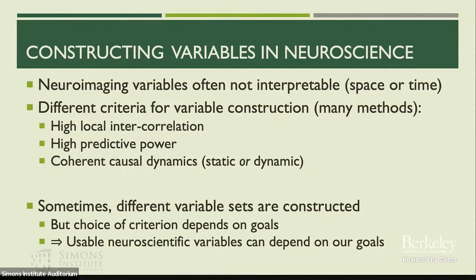I'm trying to build my causal model, Zach's trying to build his predictive model, and we each build models that are interpretable within those goals, and those models are incommensurable. They cannot be put together and unified into a single model unless we go all the way down to the level of a neuron. And we don't know how to think about the brain as a collection of individual neurons. That is unlikely to be an interpretable, understandable model if we're having to go down to that level.